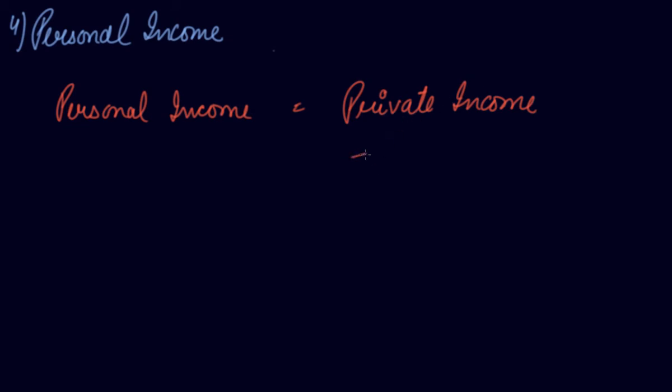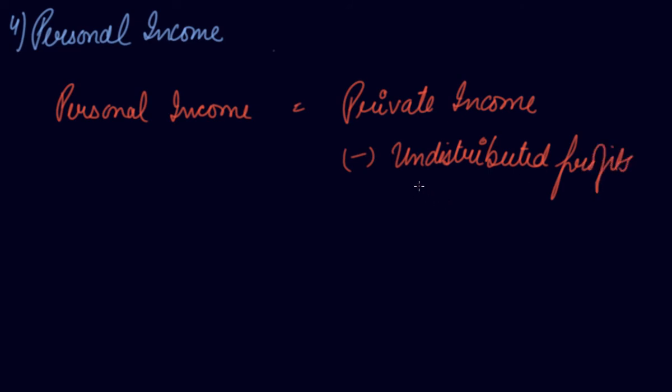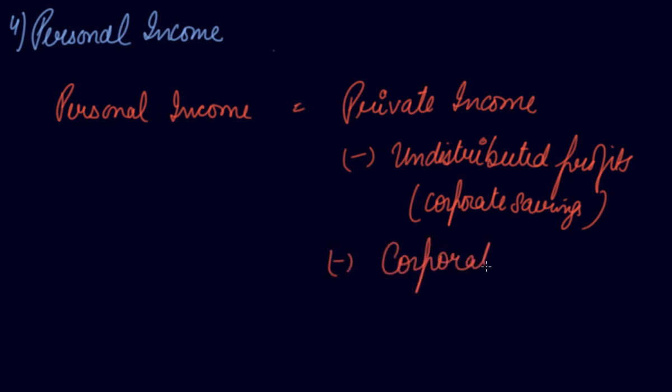From that, you will subtract your undistributed profit or you can say corporate savings, that is income of the corporates. And subtract corporation tax, because these two are not received by the households. So if you subtract this, you will get the personal income.